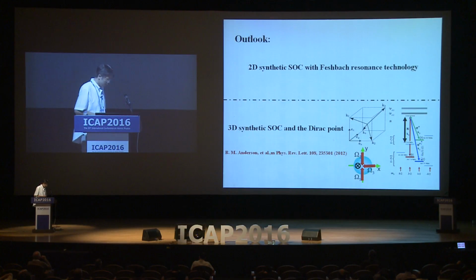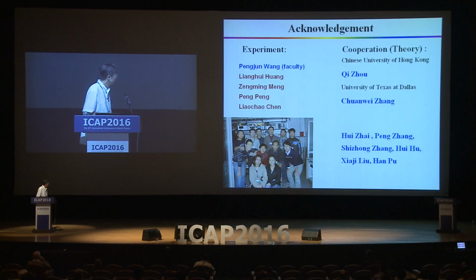In conclusion, we hope to further study 2D spin orbit coupling with Feshbach resonance. Also, we hope to extend our scheme to 3-dimensional spin orbit coupling by adding extra lasers. At last, I would like to thank my group members.